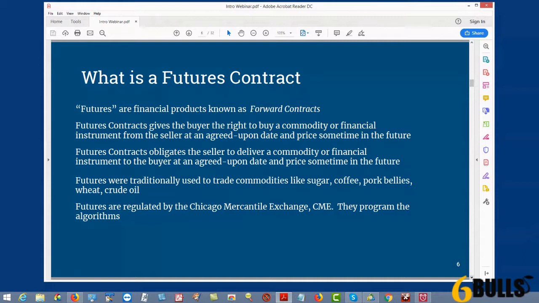You can wait until harvest time when your wheat is ready to go and hopefully find a bread manufacturer, or you can find a bread manufacturer while your wheat is still in the ground, contract with them for delivery at the given price, and now you know how much you're going to get to keep your farm running. And so that's how futures were originally set up between commodities such as wheat, rice, corn, etc. That's what they were originally set up to do.